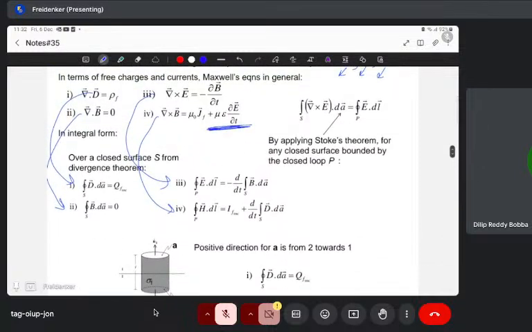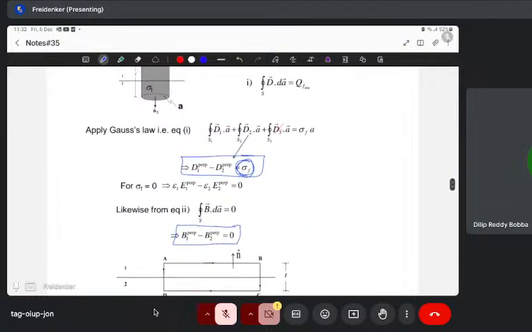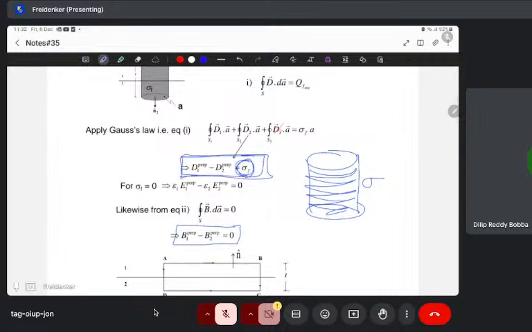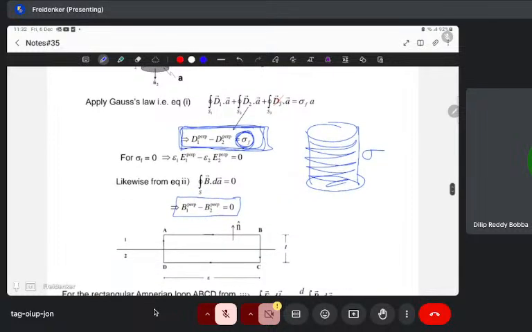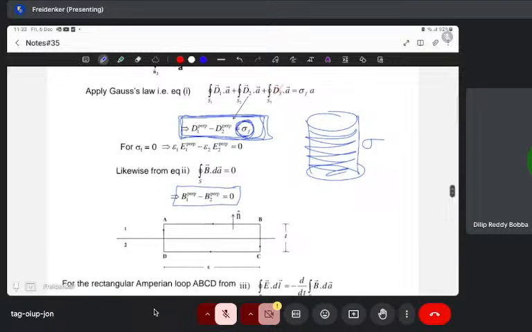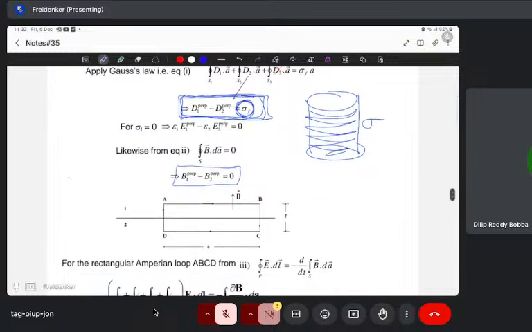Over a closed surface S. If there is any surface charge, or let's say this is some surface, if there is any surface charge density, then the perpendicular components of D will be discontinuous by this much, sigma F. Will not derive. We've seen it in the video previously, and I know D bar is nothing but epsilon E bar.